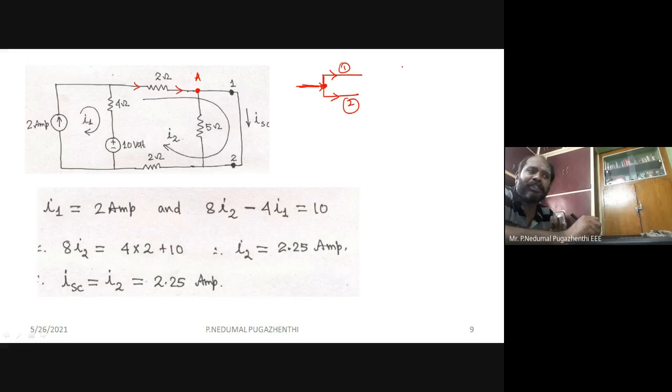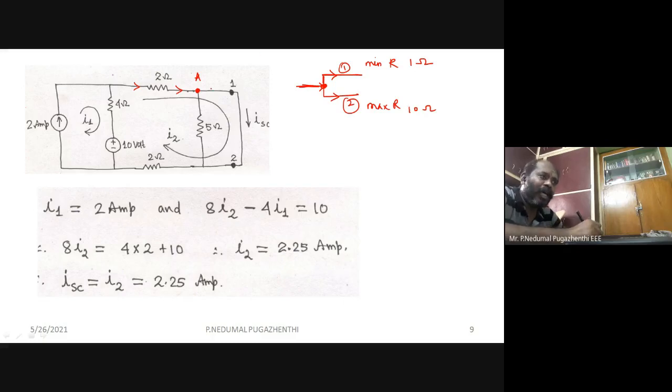Let us assume path 1 has minimum resistance and path 2 has maximum resistance. For example, this one has 1 ohm and this one has 10 ohms. So maximum current passes through which path? Path 1, because the resistance is minimum, and minimum current passes through the second path where the resistance is maximum.